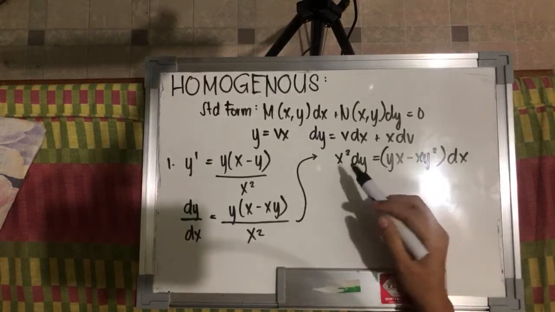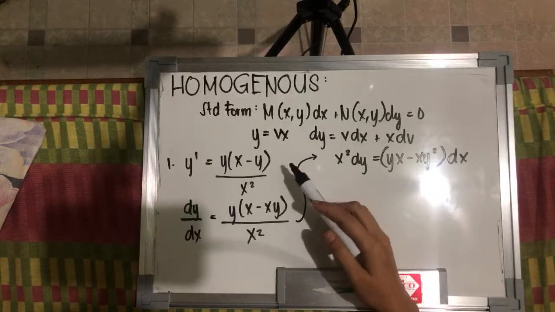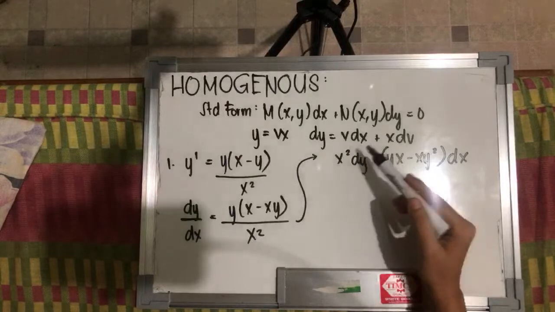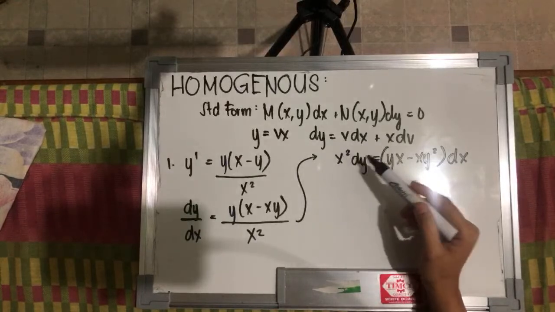So, ang gagawin mo na dito is substitute mo yung y is equal to vx tsaka yung dy is equal to v dx plus x dv.